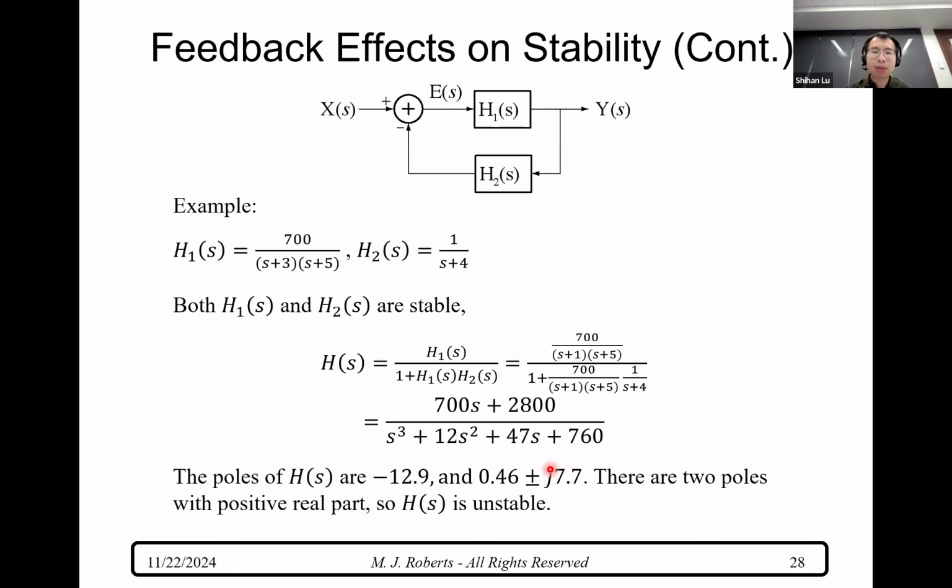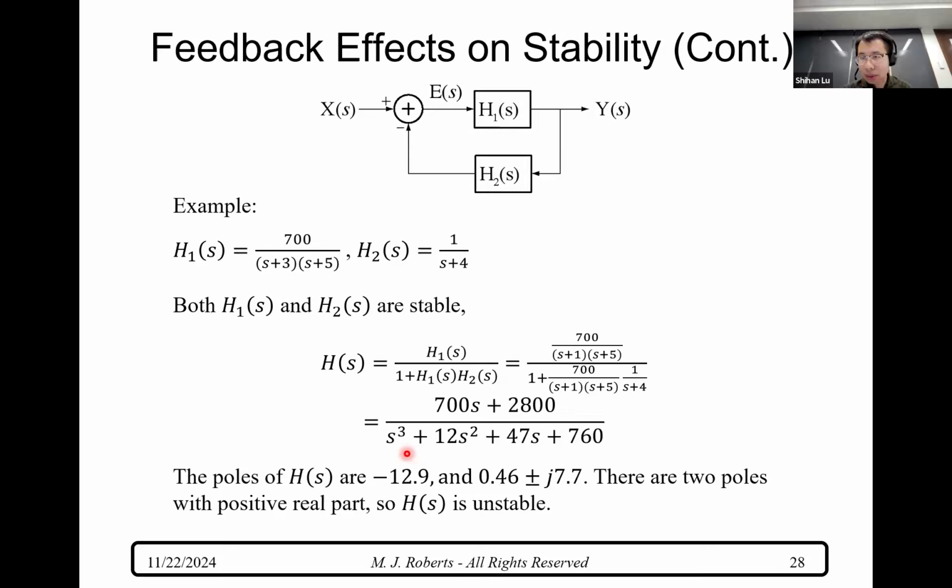But after we use h2 of s as feedback for the whole system, the new transfer function h of s is going to be a very complex expression with the highest order of 3, right? So now we're going to have 3 poles for this feedback system.